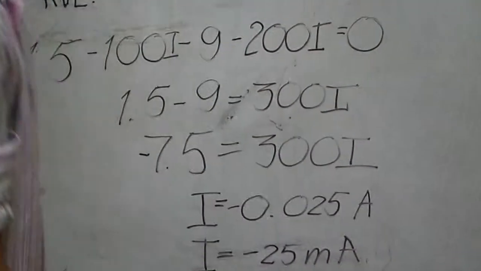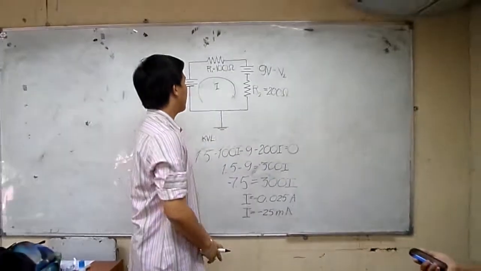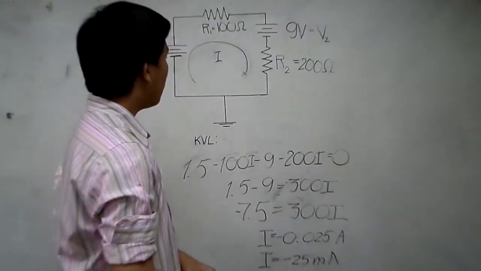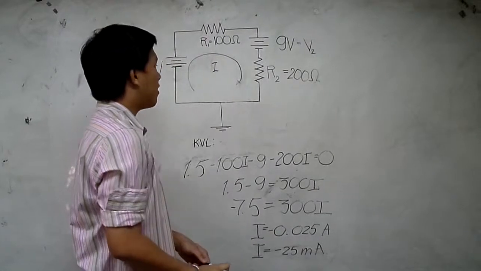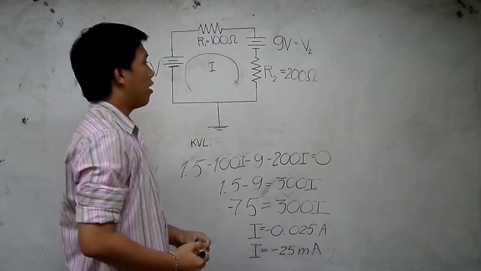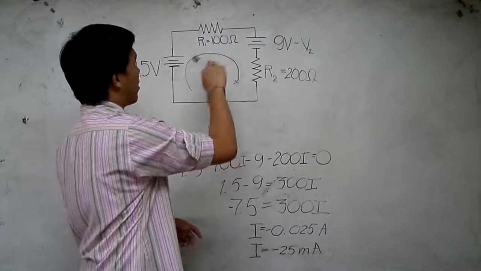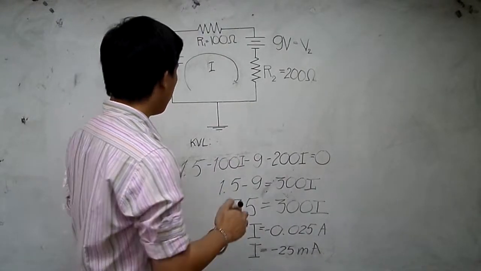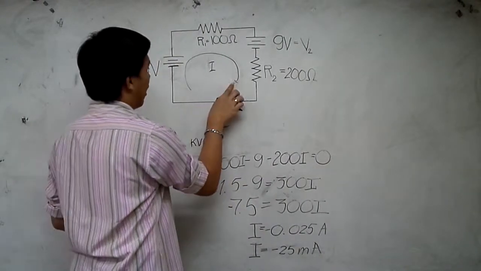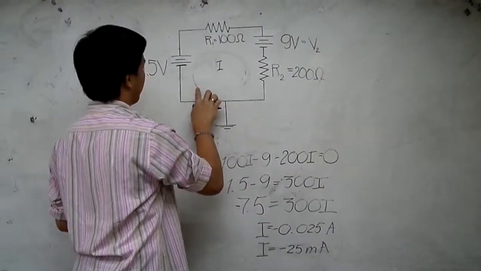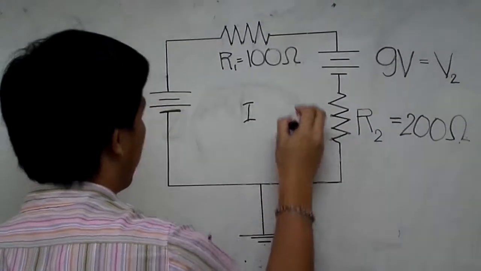As you can see, we have a negative result. It only indicates that the loop you chose is opposite to the correct loop, or the current flowing in that circuit. So we should change the loop in this circuit. The correct loop will be in the counterclockwise direction.